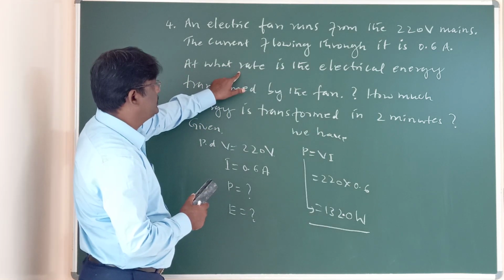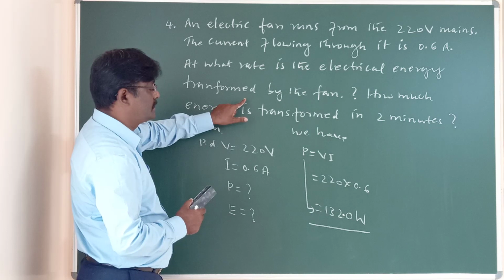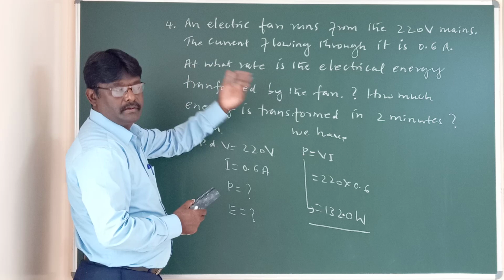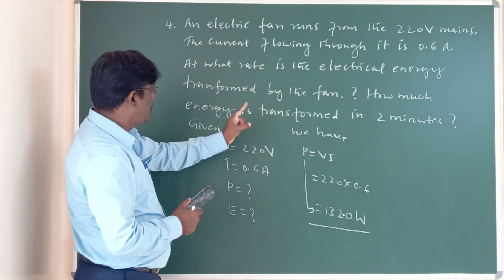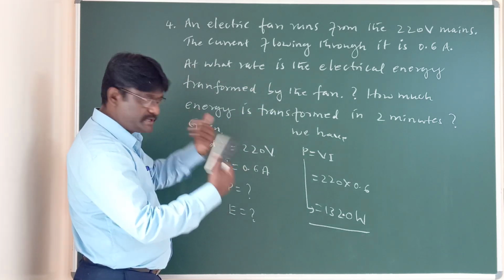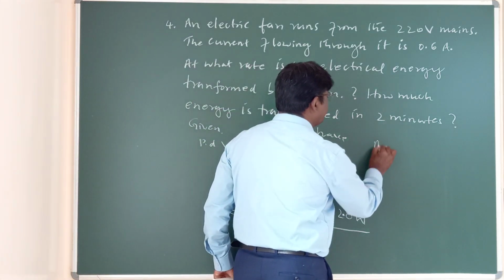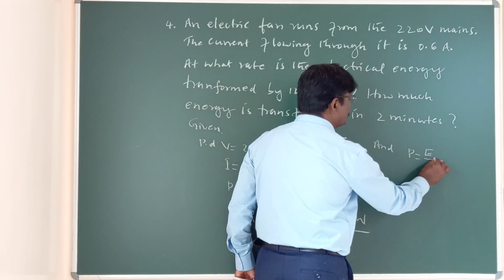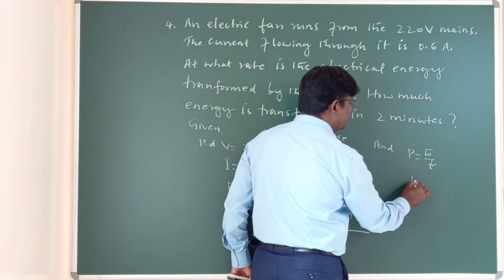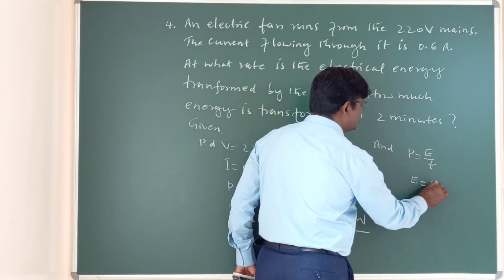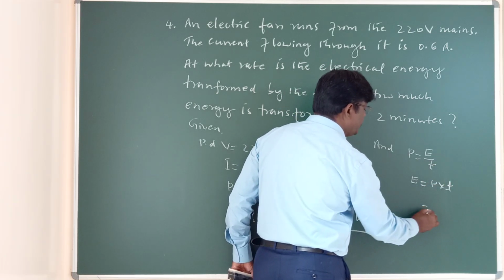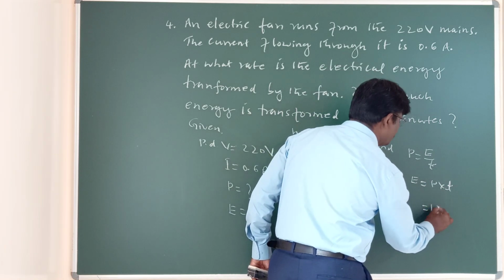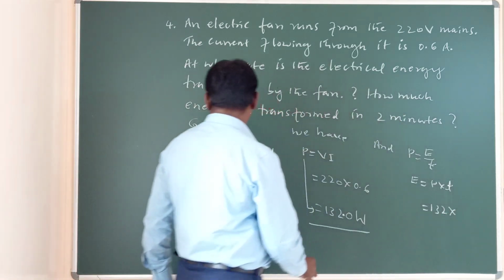Try to know it clearly. At what rate is the electrical energy transformed? When the term rate comes, it is nothing but power. Next, how much energy is transformed? That is how much energy we need. And the general formula we have, do you remember? P equal to E by T. Therefore E equal to, just do the cross, P into T. P we have calculated, 132, into time.